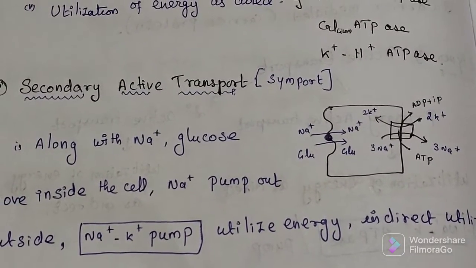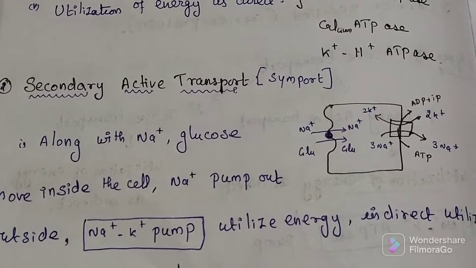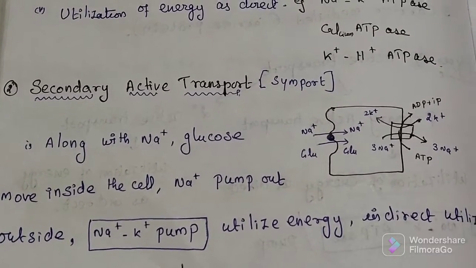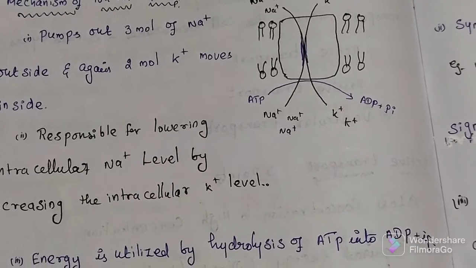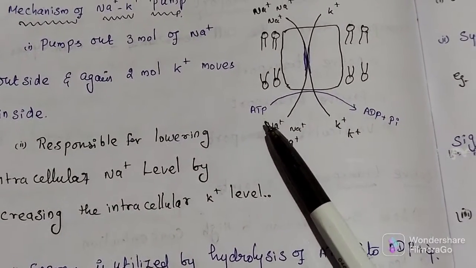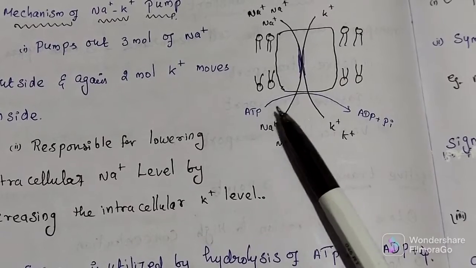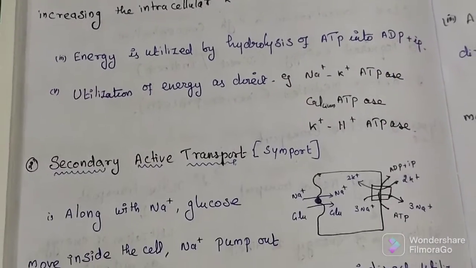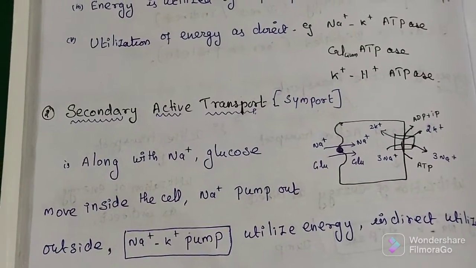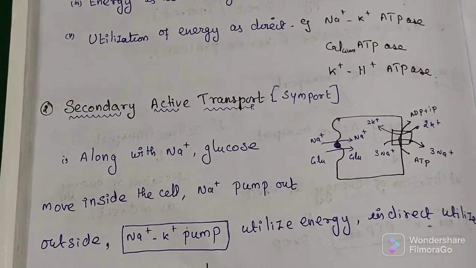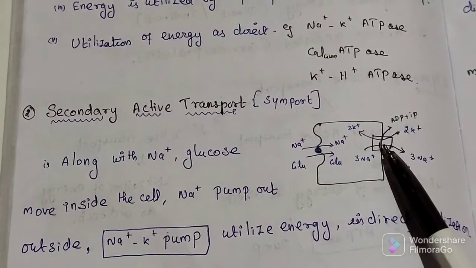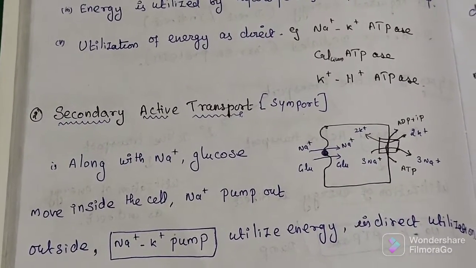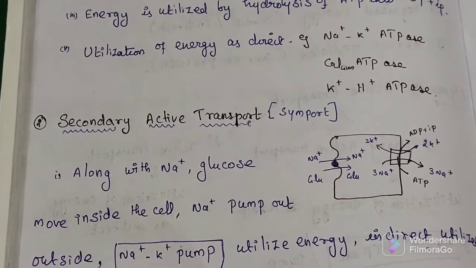So there is indirect utilization of energy. That's why it is secondary active transport.